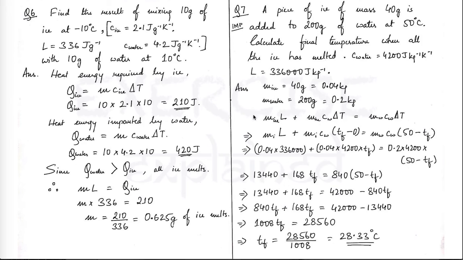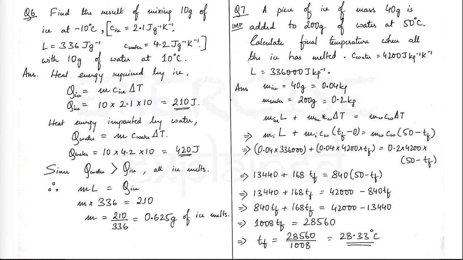Now this equation which you see over here is the most important equation. That is, the ice is getting converted to water. So the ice which is melting, the same amount of ice gets converted to water, and then there is increasing temperature. So m of ice, that is mass of ice, into L, plus the same mass of ice, m of ice again, into C delta T, but now the ice has got converted to water.